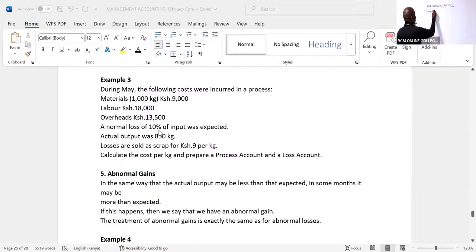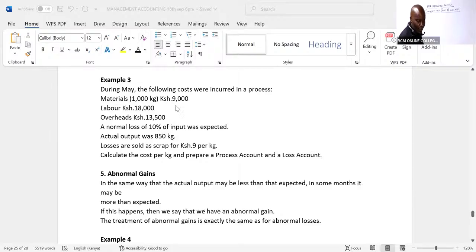A throughput account, which basically is an account which gives us movement of units. Yeah, very, very important. A movement of units account.